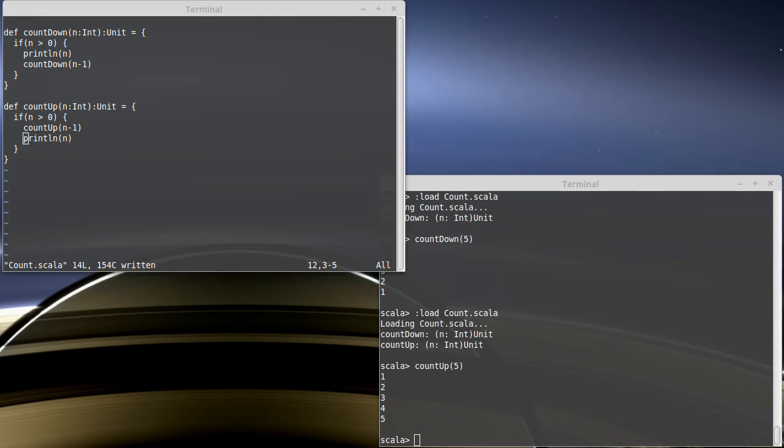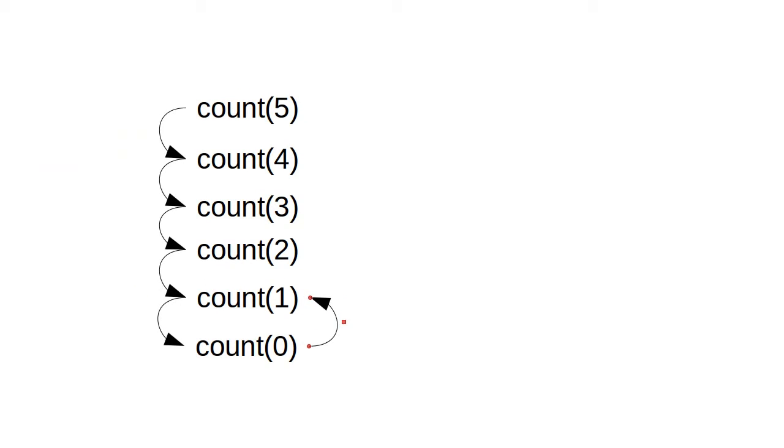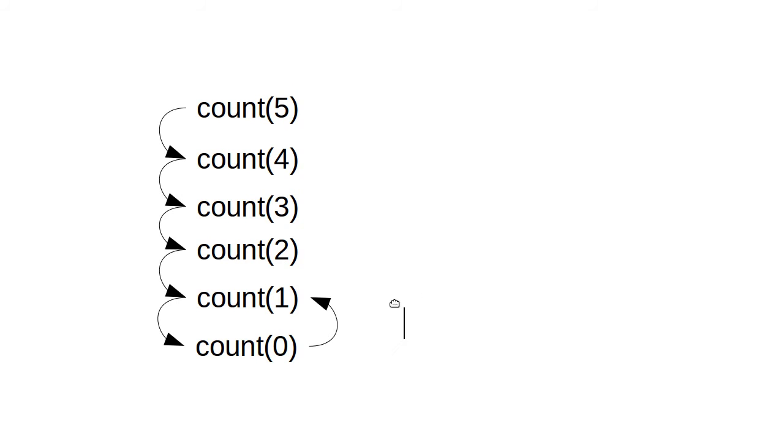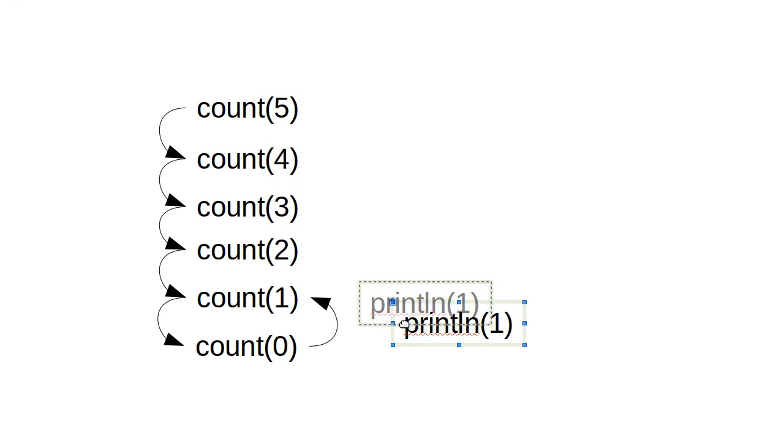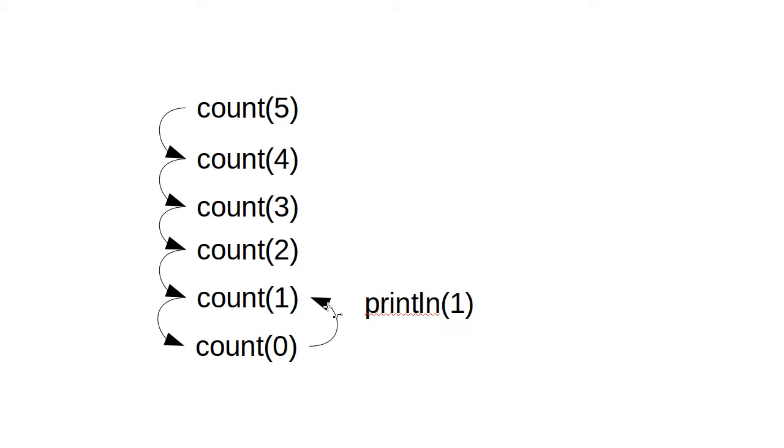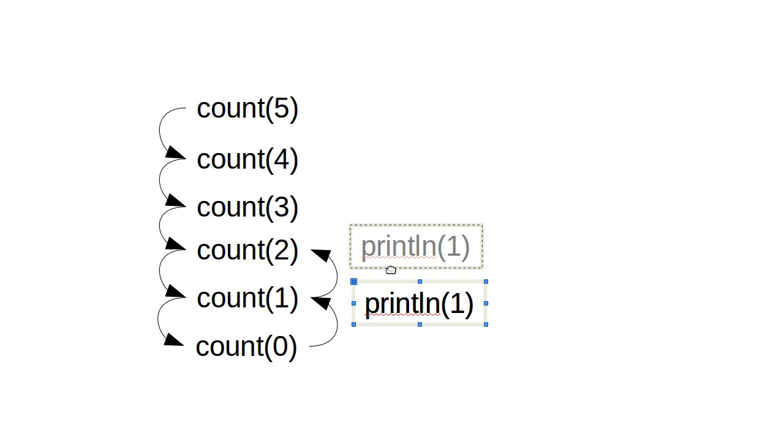And that line winds up printing out the 1. So at this point here, we wind up calling a print line of 1. And after it's printed, it has nothing left to do, so it returns. And it returns back up to the count up of 2, which is sitting there and waiting. And after we get there, it prints out the 2.